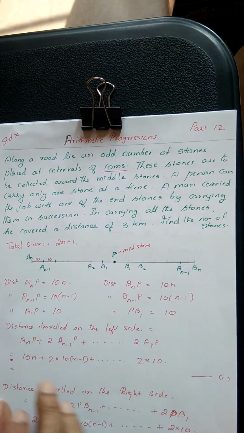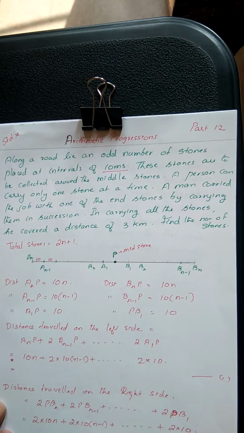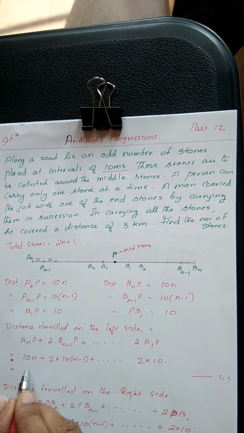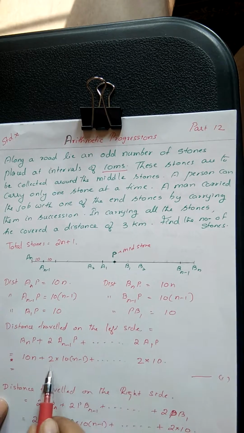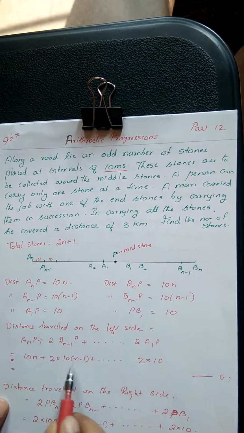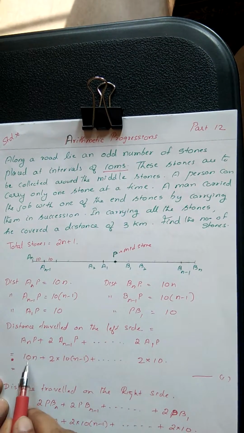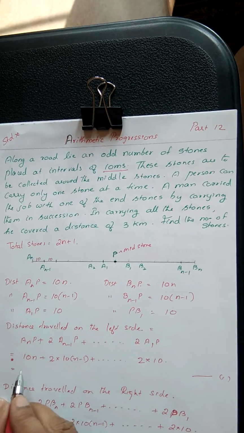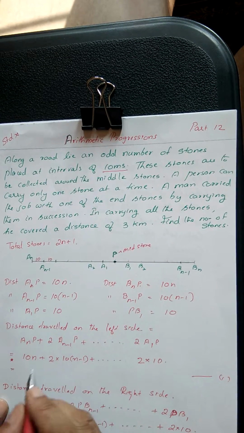Now we will do a simple adjustment here so that it will be easy for us to do the calculation. Everywhere you see it has 2 into, only this term does not have 2. So we will add one 10n and subtract one 10n.